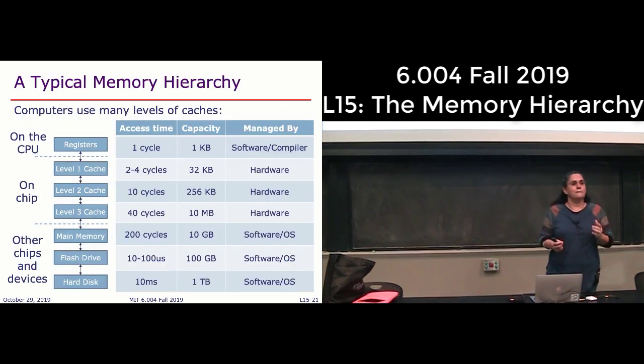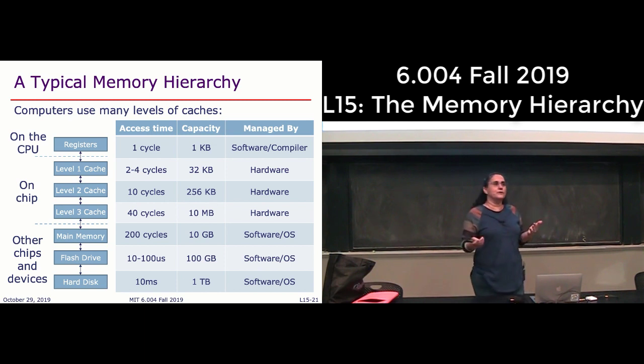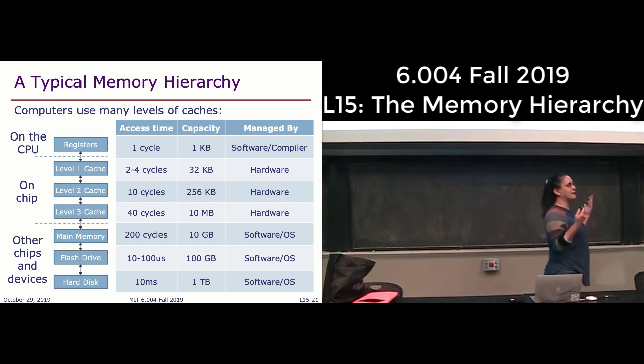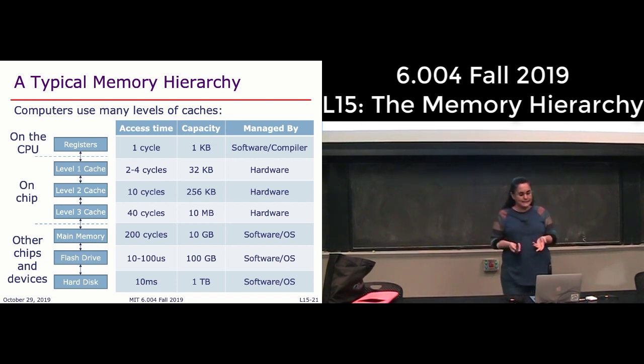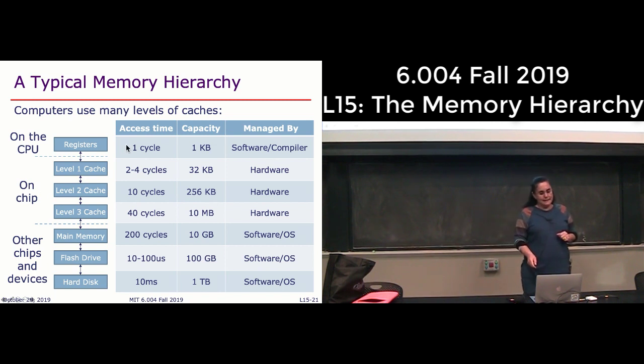Okay, so now that we understand this concept of locality and how we want to go about using caches in order to try to improve our access time for things that we're accessing on a regular basis, this is basically what a typical memory hierarchy is going to look like. As you've already seen, on the data path or on the CPU itself, you're going to have a bunch of registers which are very fast and they're going to be used for all of your computations.